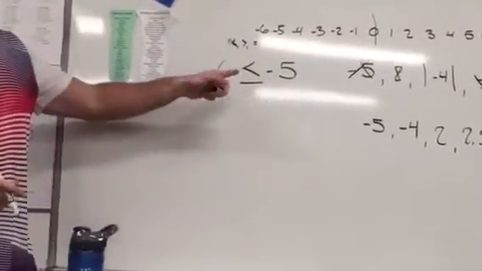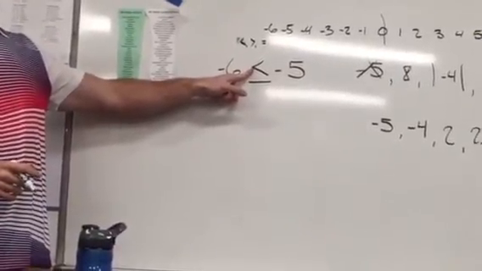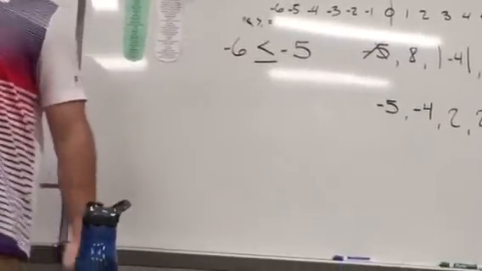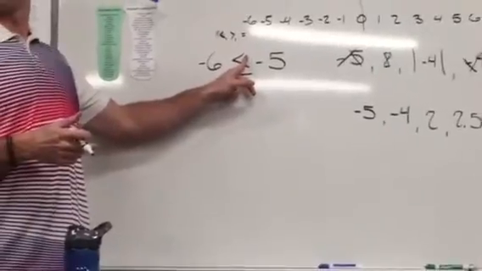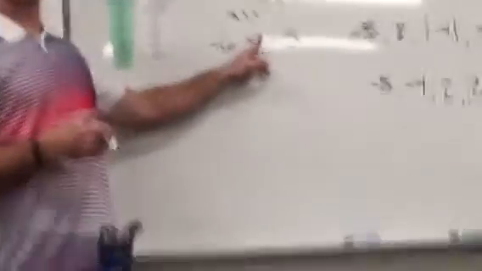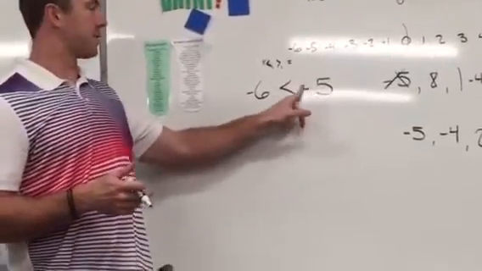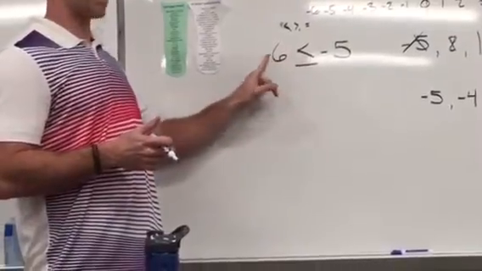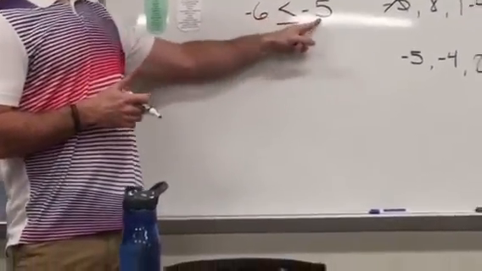If I say it's less than, the small side should be facing what? The negative 6. It should be facing the smaller number. You're exactly right. So the big side eats the bigger number. Does that make sense? So if I read this backwards, this would say negative 5 is greater than negative 6. If I read it this way, it's negative 6 is less than negative 5.